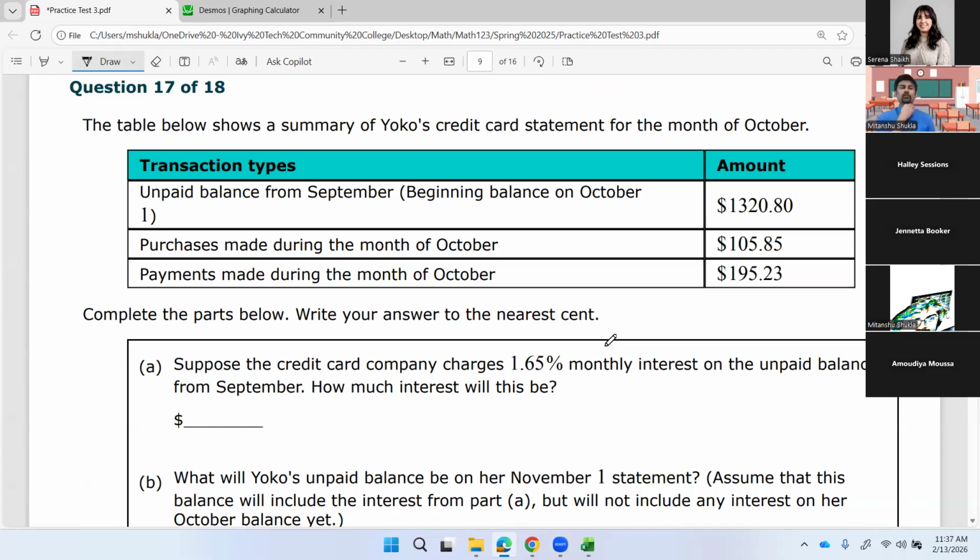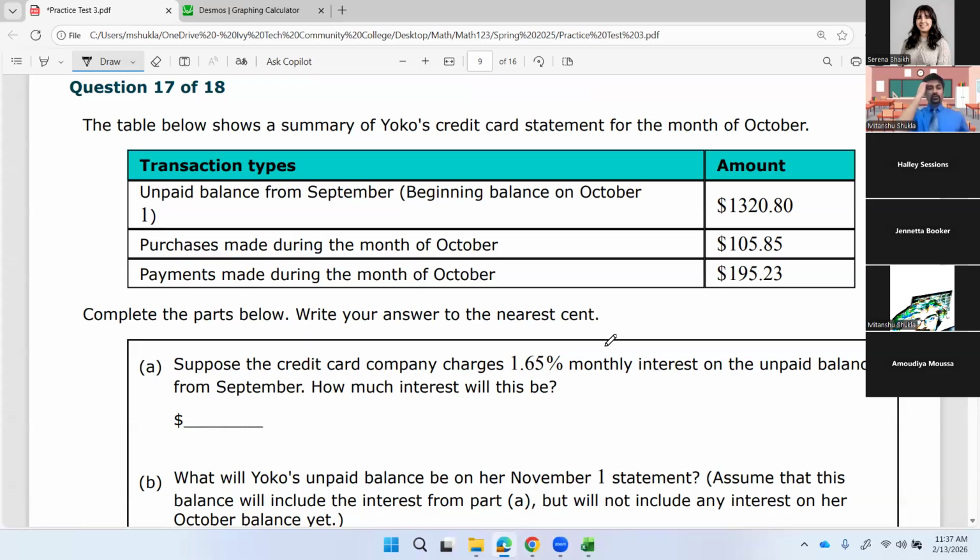If it says annual percentage, we need to divide our interest by 12. But because this is already telling us that it's a monthly interest, we just need to convert this rate to a decimal. Okay, that's all we have to do here. So that's what we're going to do.